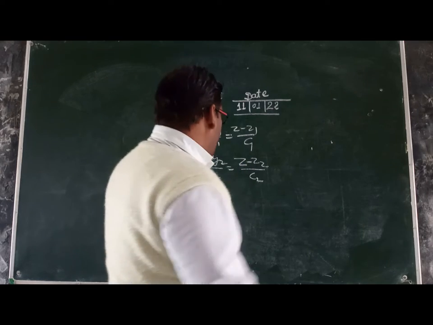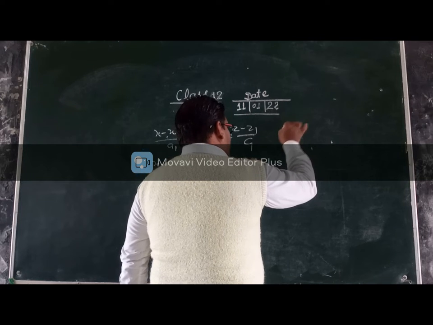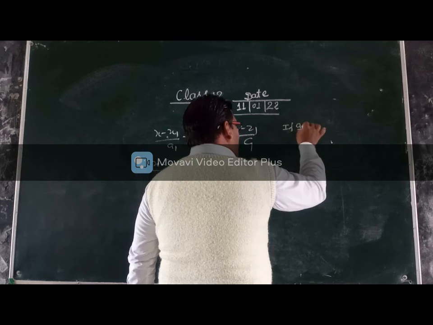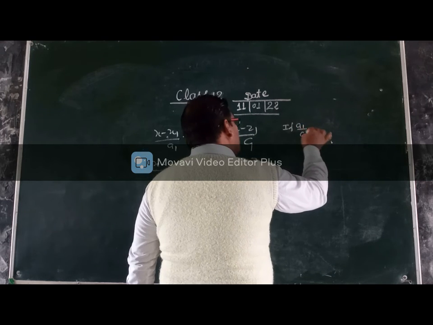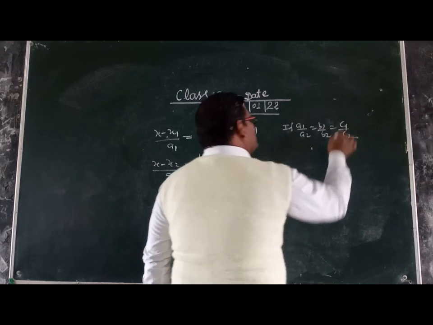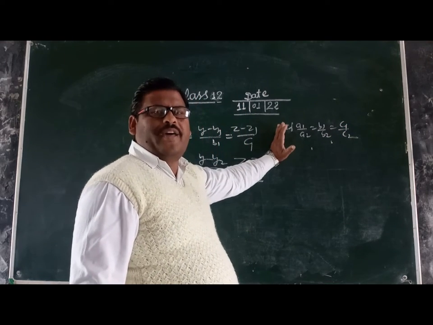Now, in the case of parallel lines, if a1 by a2 is equal to b1 by b2 is equal to c1 by c2, that is the condition for the lines to be parallel to each other.